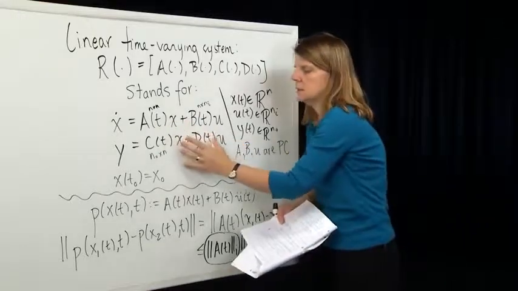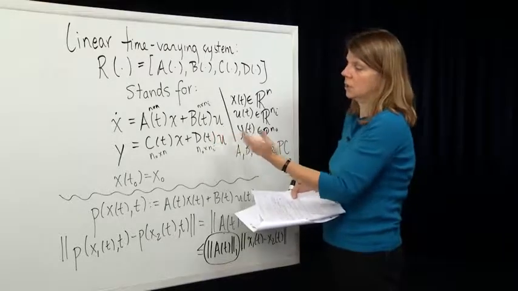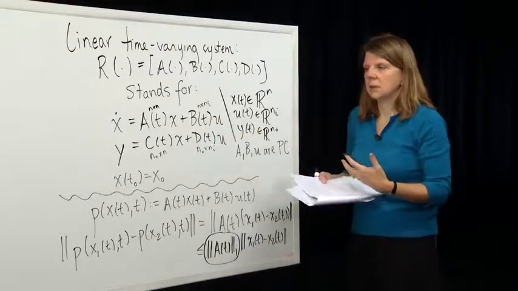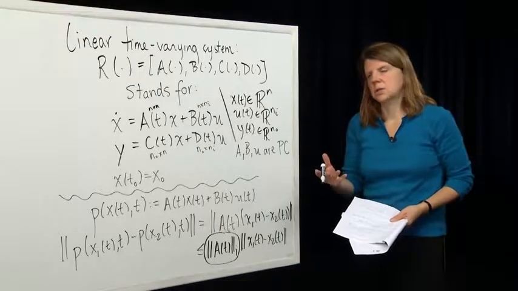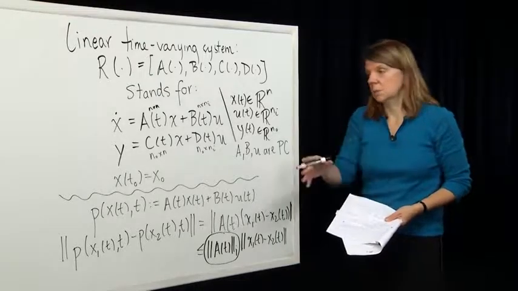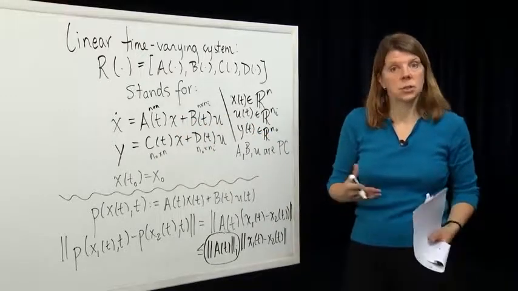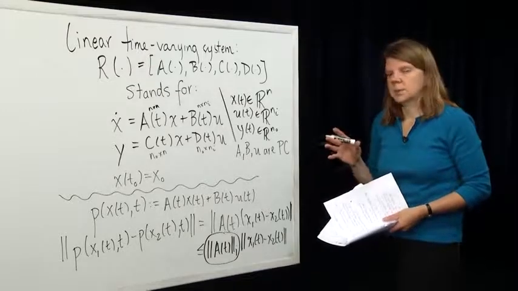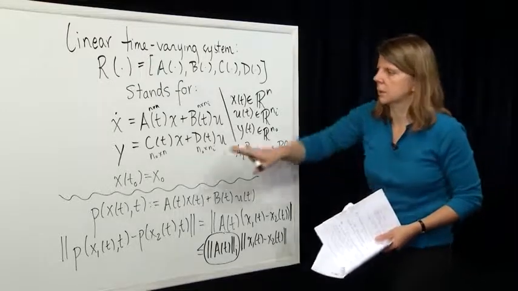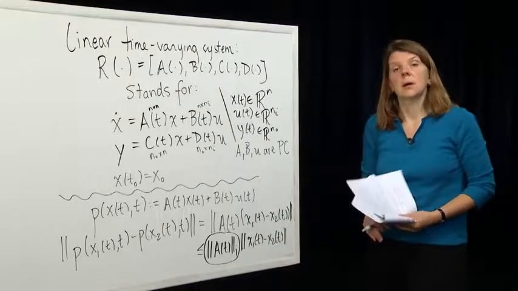The A's and the B's and the C's and the D's could have changed; we're allowing them to change. So it should be clear that the solution to that differential equation depends on when you start. So it's time varying, it's not necessarily time invariant, and it's linear, yet we still have to show that it's linear.